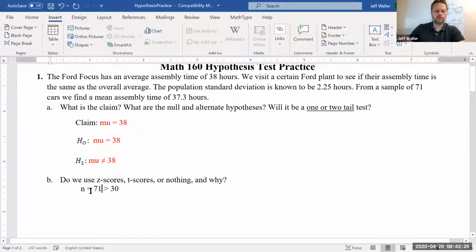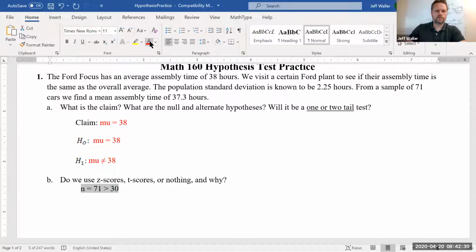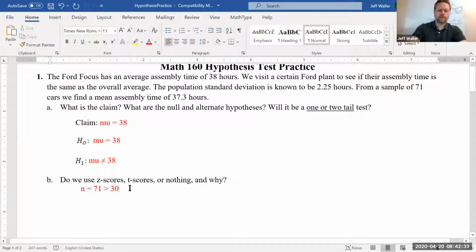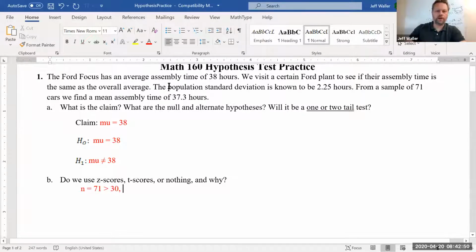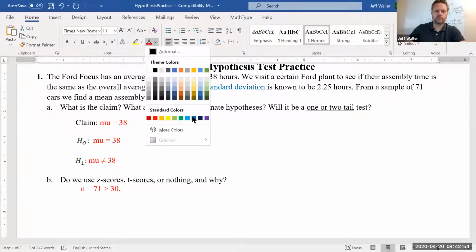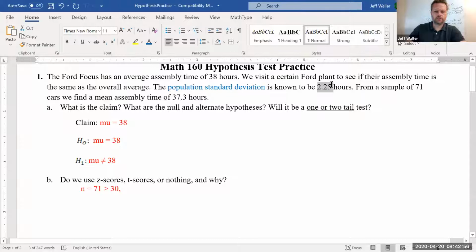And then how do I know between Z and T which one I could use? Which one do I get to use in this case? Standard deviation. I know the population standard deviation. Therefore, I can use Z.